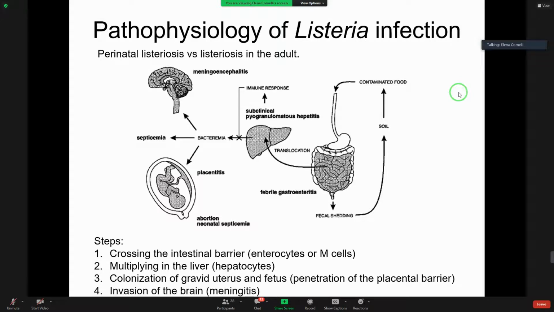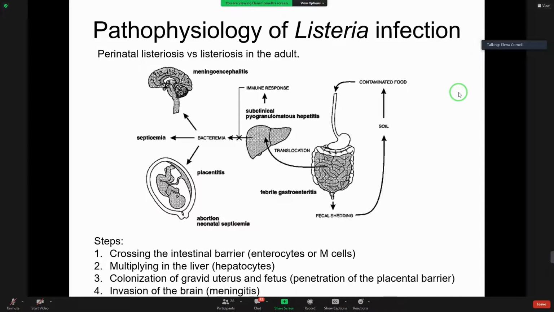After this, it is thought that it is found as a first step in the liver, and that it multiplies within the hepatocytes before spreading throughout the circulation and causing septicemia. In adults, listeriosis can result in meningoencephalitis.